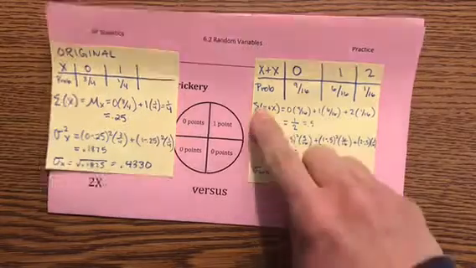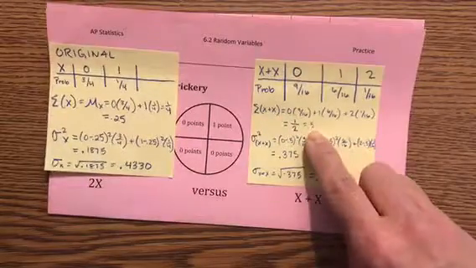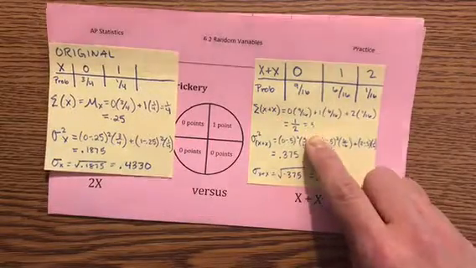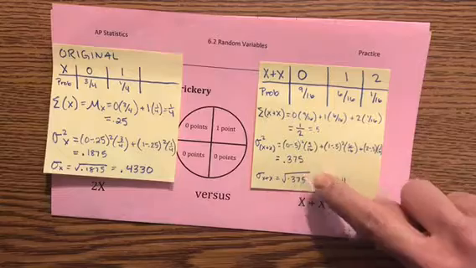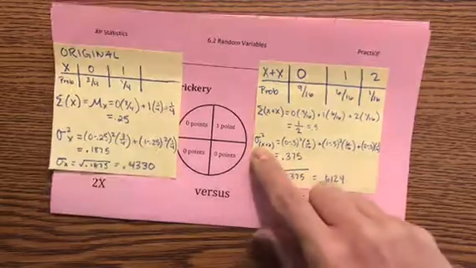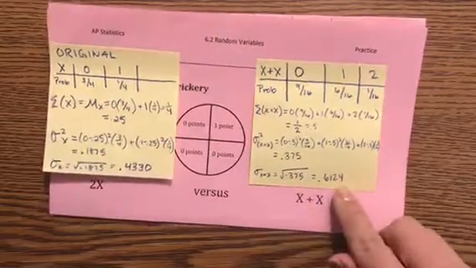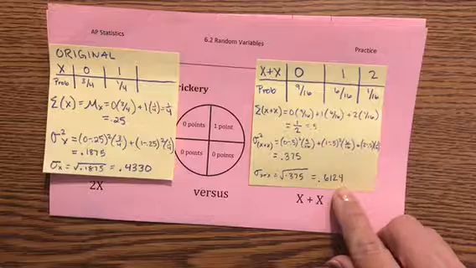So your average for spinning the spinner twice still ends up being 0.5. But notice our variation and our variance changes. My variance is 0.375, and my standard deviation is 0.6124.